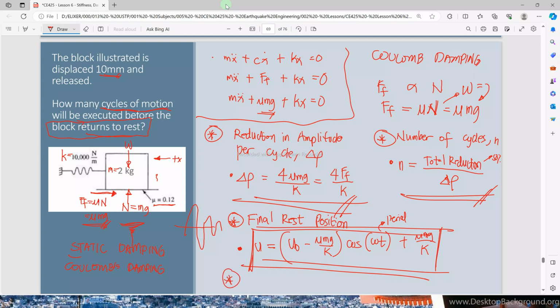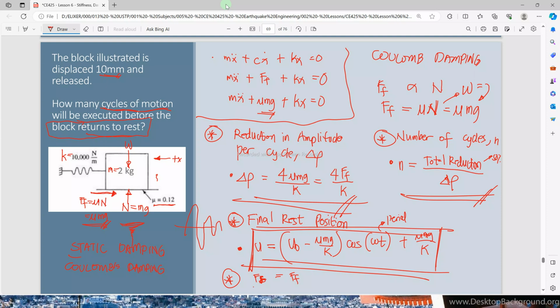And one last formula. Say there is no reduction given, and you don't know the final rest position. We know that the static force due to Hooke's law, the spring force, if we equate it with the frictional force, the motion stops when the spring force can no longer overcome the friction force, which is when they are equal.